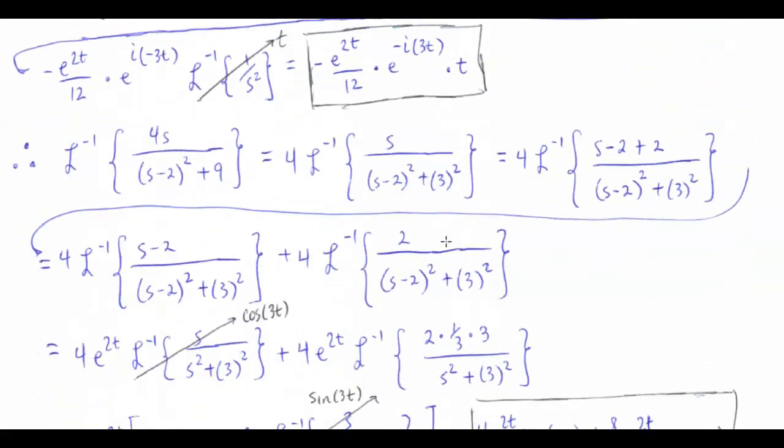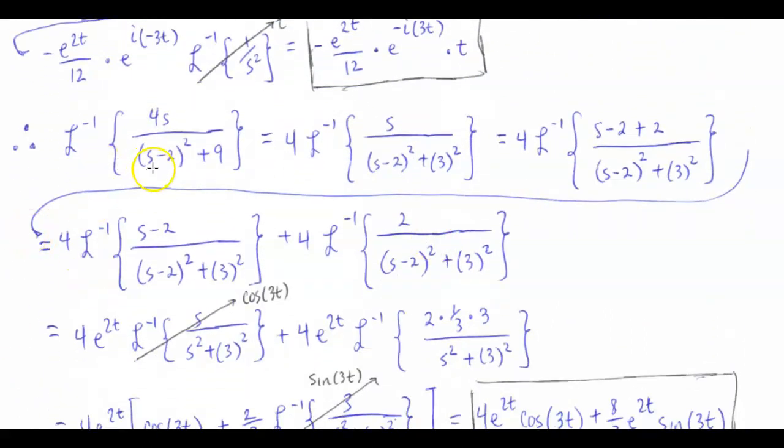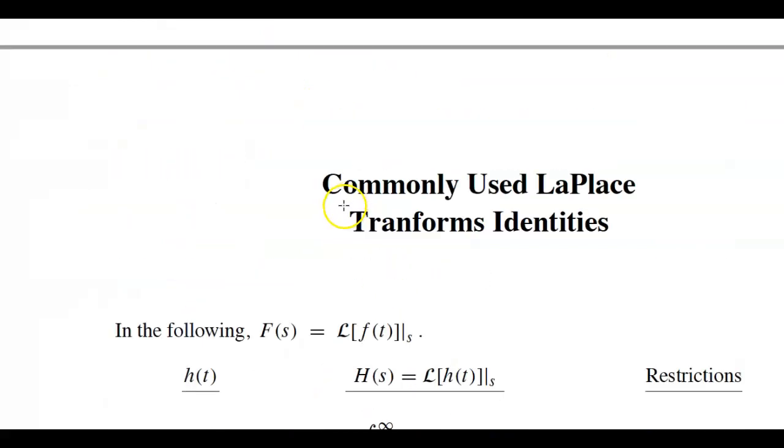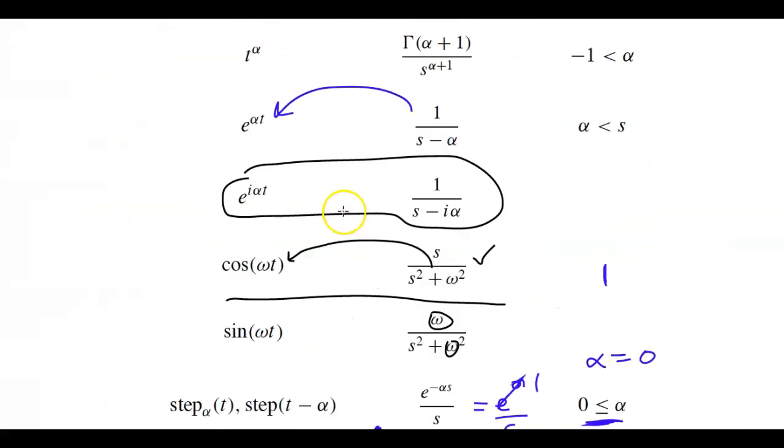And then of course our last 2, again we have that horizontal shift in the S domain. So here, notice that since this is one where it has an S on top, that's going to go along with the one for cosine, okay?